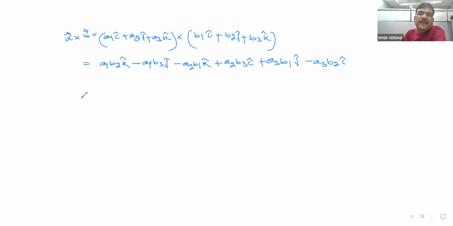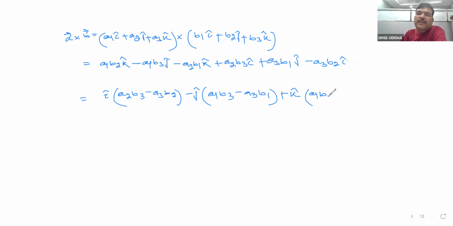So if we rearrange the terms, I cap into A2 B3 minus A3 B2, minus J cap into A1 B3 minus A3 B1, plus K cap into A1 B2 minus A2 B1.